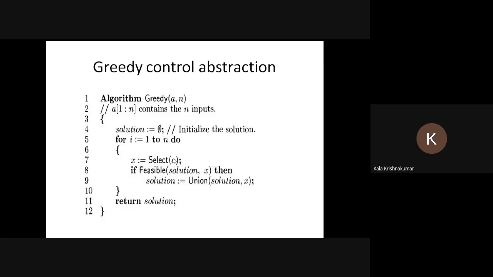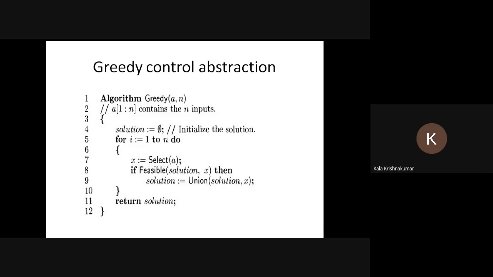Then if Feasible(solution, x), we check, having selected one input from A that we call x, whether adding this x to our partially constructed optimal solution will lead to a feasible solution. If this condition is true, we set solution as the union of solution and x, which means x is added to the solution. Otherwise, we pick the next input, and so on. Until then we do this, and finally we return the solution.